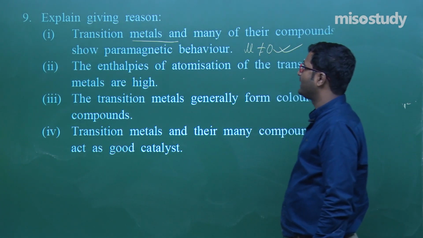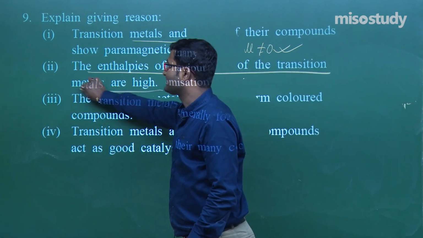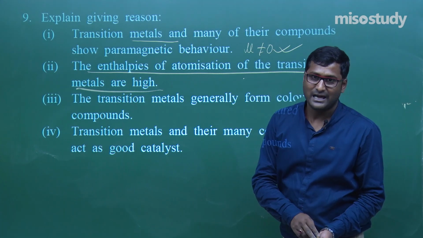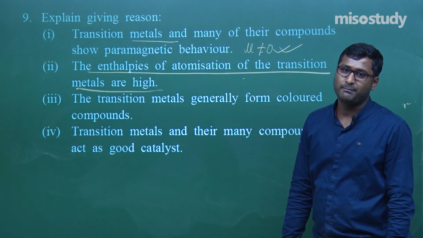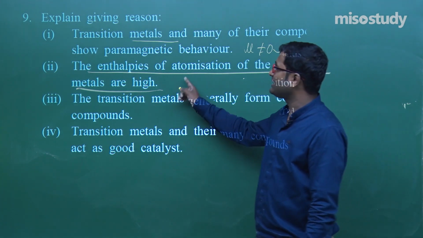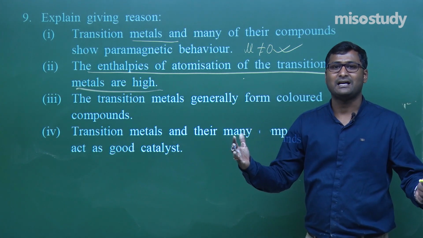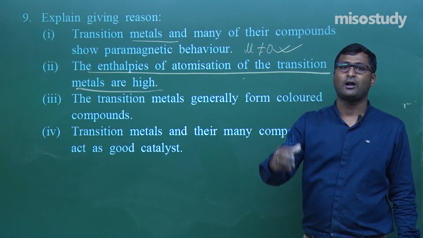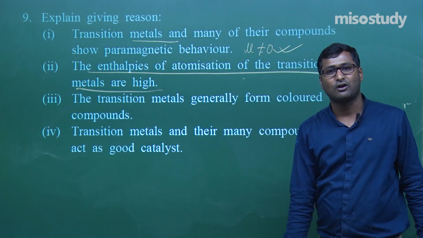Next one, the enthalpies of atomization of transition metals are high. Again, simple thing, as we know, the metallic bond strength depends upon the number of unpaired electrons. Transition metals have partially filled d subshell, that is they contain unpaired electrons. If the number of unpaired electrons increases, the enthalpy of atomization also increases.